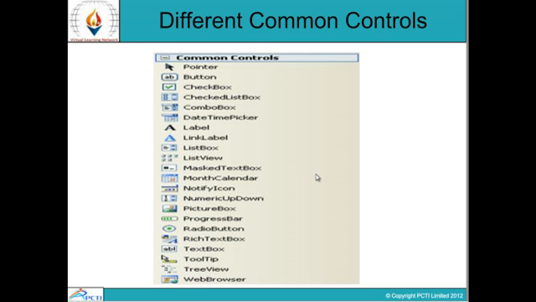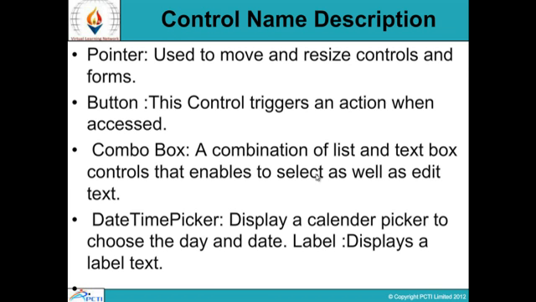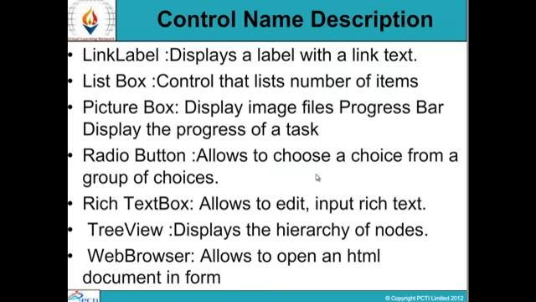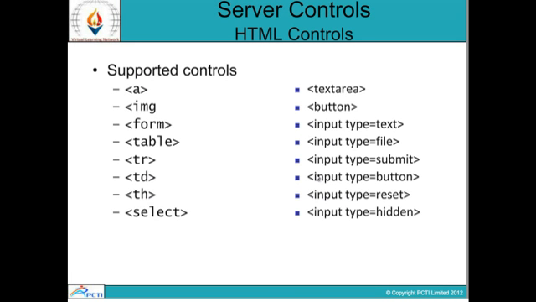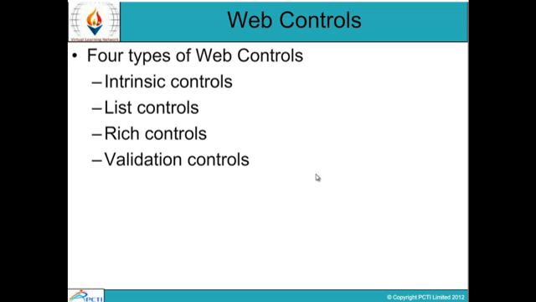Then we covered some common controls that are supported by VB. We explained different controls on an individual basis. Then the mapping of server controls with respect to HTML controls was covered.